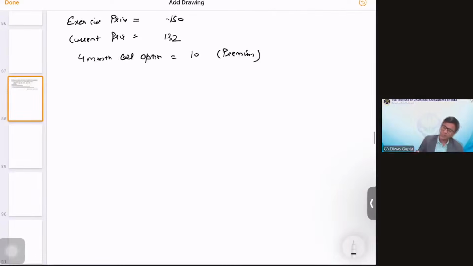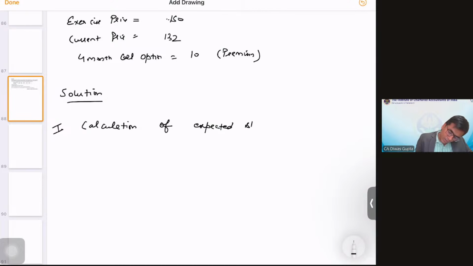Okay. So let's talk about the solution here, students. Calculation of expected share price.